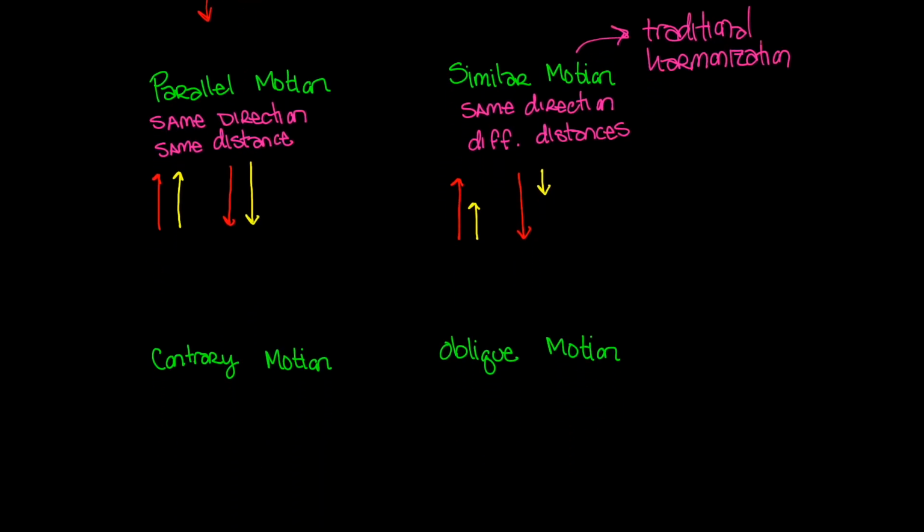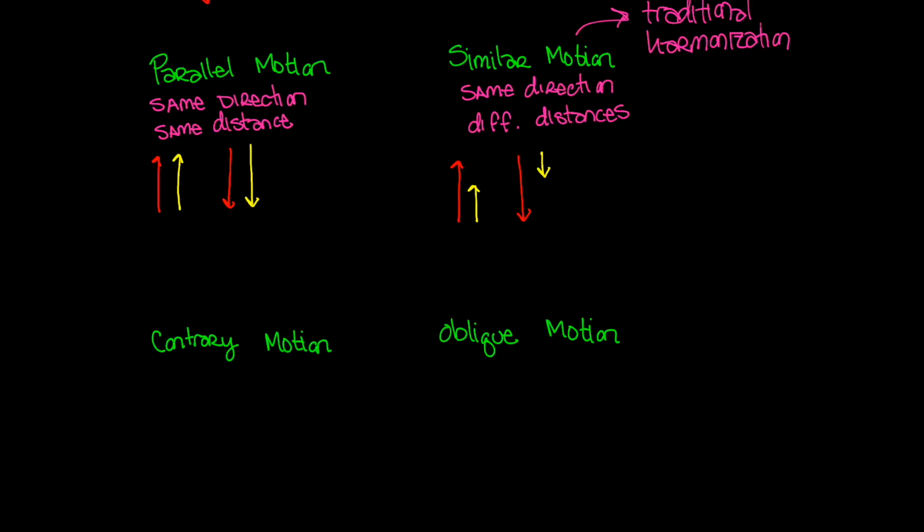Moving on, let's take a look at some other ones here. We have contrary motion. Contrary motion is a neat one. Contrary motion just says, I have one voice that goes up, and the other voice has to go contrary to that. Now, I can have that voice go contrary down by the same distance, and I could also have it go by any other distance. So it doesn't matter what distance the other one is, and the same goes for this voice.